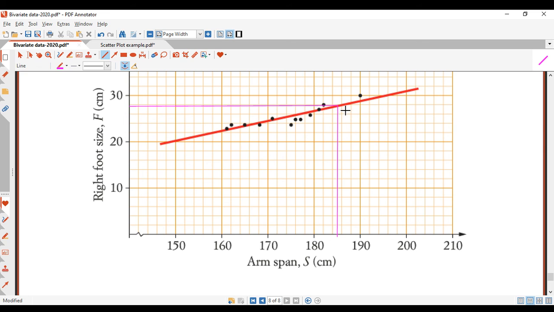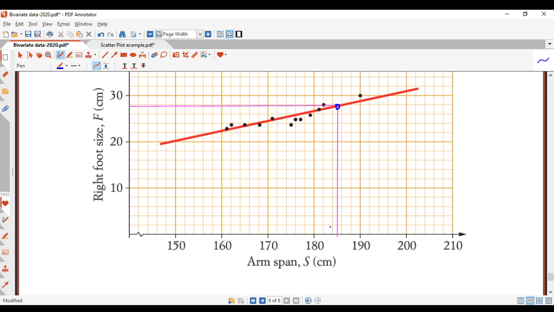Now, the reason this is called interpolation is because you notice that where I've landed, let me just get a different color here. This is the point that I'm reading off here on the line. Notice at that point there is between two of the data points that have been plotted already. Because it's between the data points, this is called interpolation.